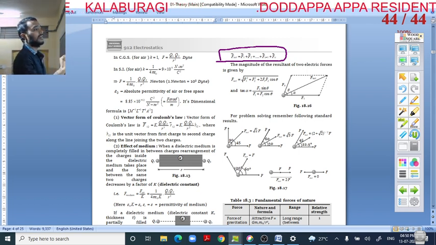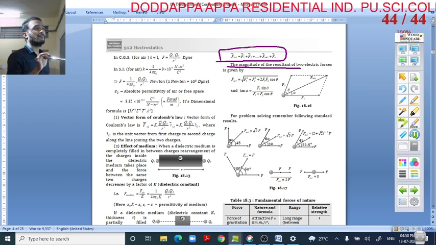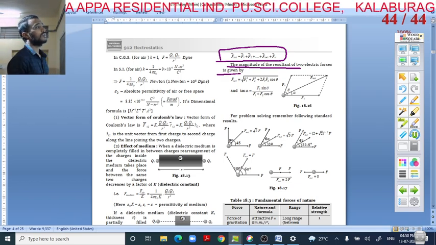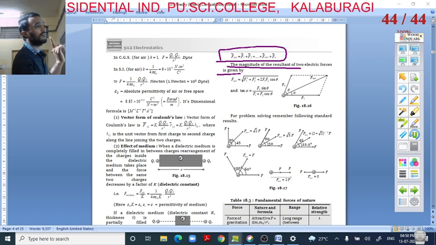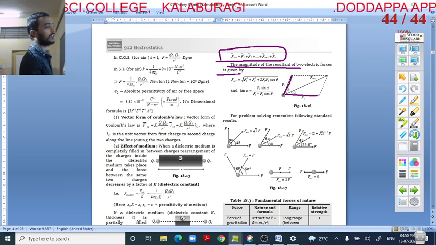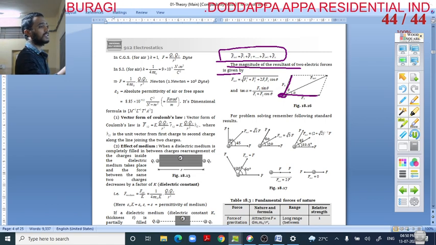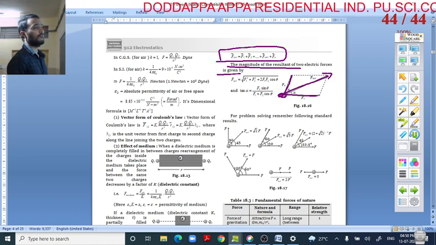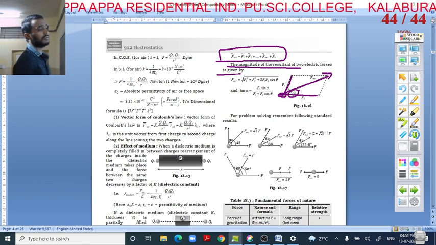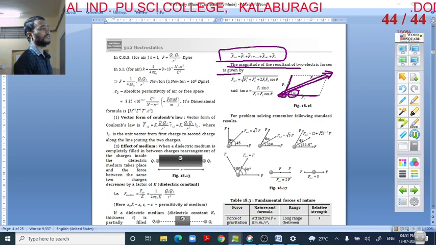The magnitude of the resultant of two electric forces is given as follows. If F1 and F2 are the two forces on this charge, then this is the resultant force, or net force, as we call it, and alpha gives the direction of the resultant force.